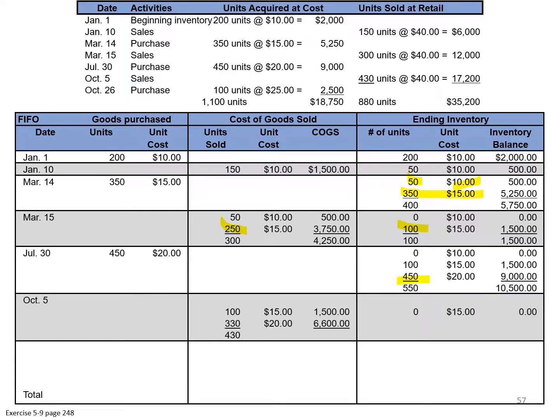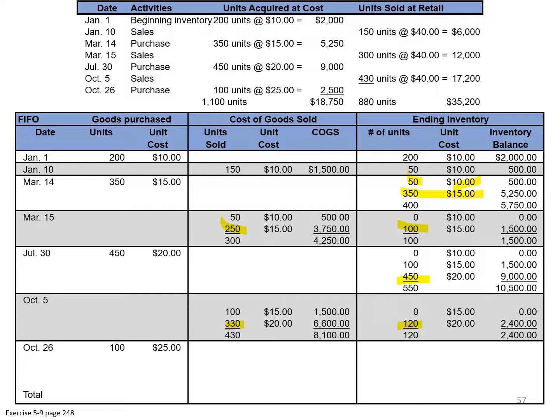At 20 bucks each for a total of 6,600. So we have 120 left. We started at 450, we sold 330, so we have 120 at that $20 price point left in our ending inventory. So we have total cost of goods sold of 8,100 bucks, total ending inventory of 120 units, or $2,400.